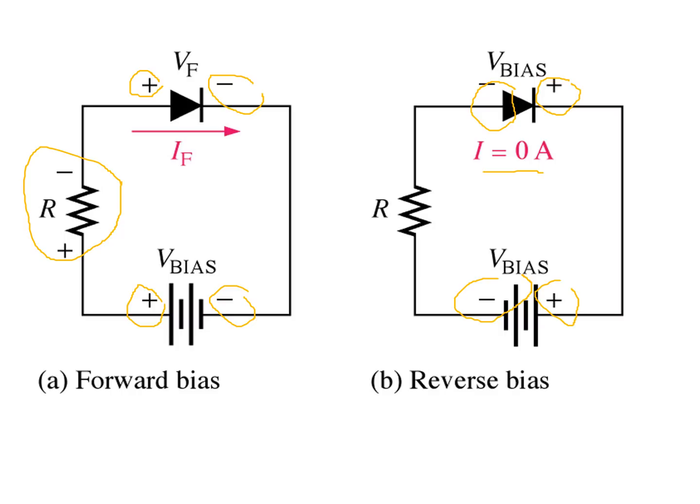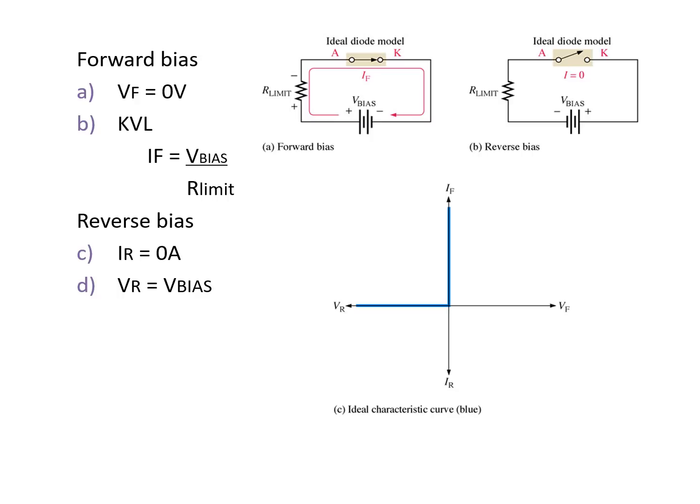For forward bias, the diode is a closed circuit, while in reverse bias, the circuit is open circuit. The ideal model of a diode is the least accurate approximation and can be represented by a simple switch. When the diode is forward biased, it ideally acts like a closed switch, or on switch, a short circuit.